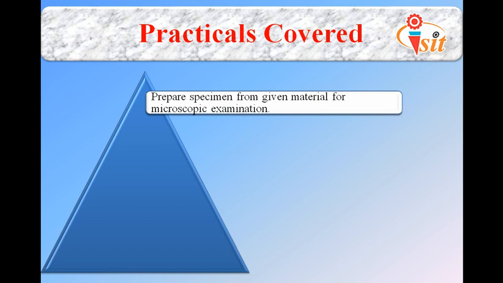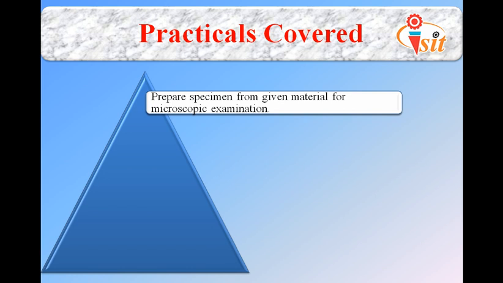So this mild steel will be given to you. It will be a cylindrical one, a rod which has a diameter of 10 mm and a length of 30 mm. That will be given to you, and you must prepare a specimen so that it can be seen under the microscope. So the first practical is about preparing a specimen from given material for microscopic examination.